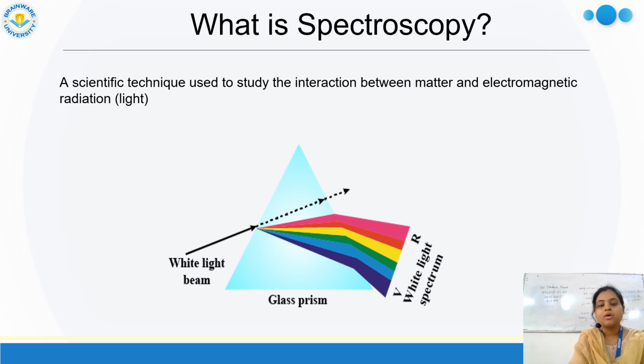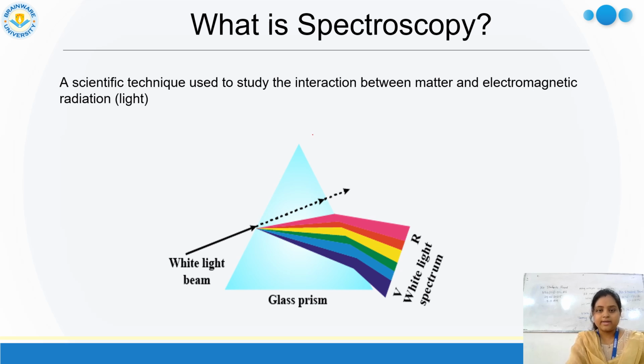That means when electromagnetic radiation, simply light, falls on any object, the atoms or molecules absorb some amount of energy, and the rest of the energy is transmitted. How much energy is absorbed and how much is transmitted, all these details we get from spectroscopy, and accordingly we get a spectra.